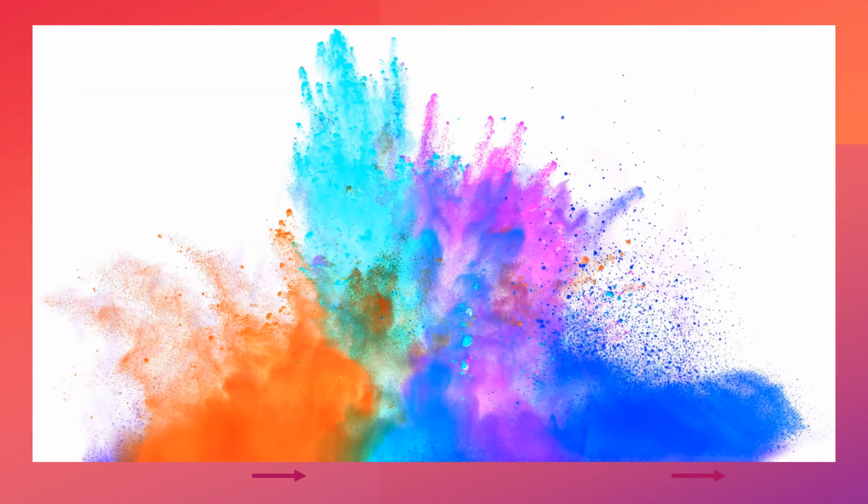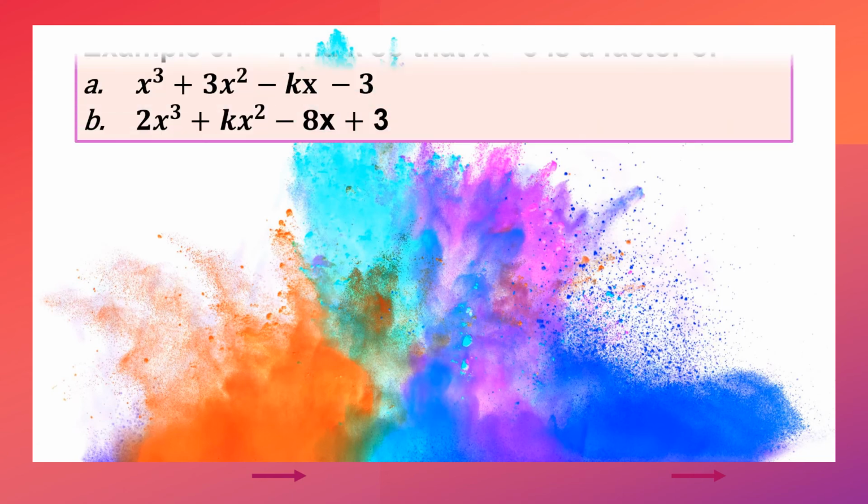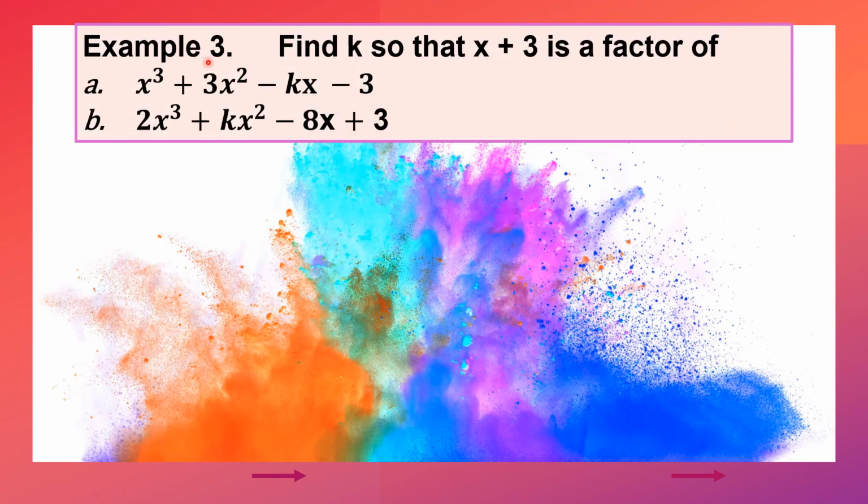So, let's have the last example for the factor theorem. Example number 3. Find k so that x plus 3 is a factor of, letter A, x cubed plus 3x squared minus kx minus 3. And for letter B, 2x cubed plus kx squared minus 8x plus 3.